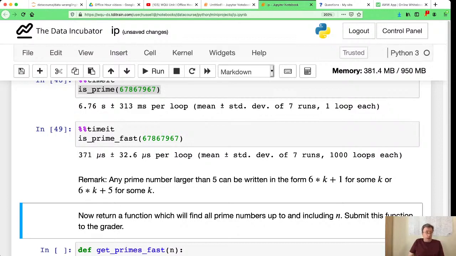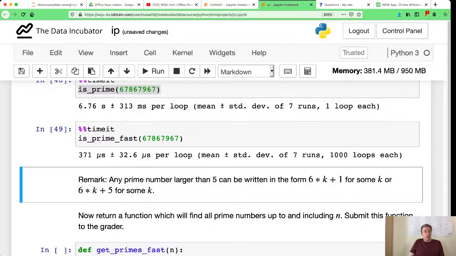This isn't saying that every number of this form is prime. That's not true. But I could use this kind of information, and if I'm slightly careful, I could write an even faster function to check for a prime number.